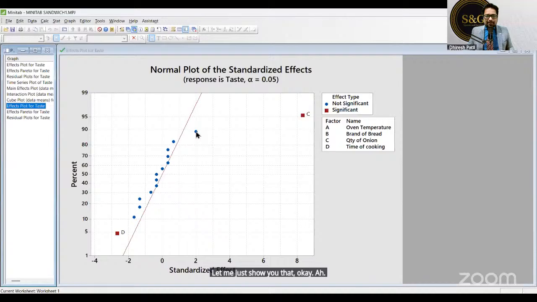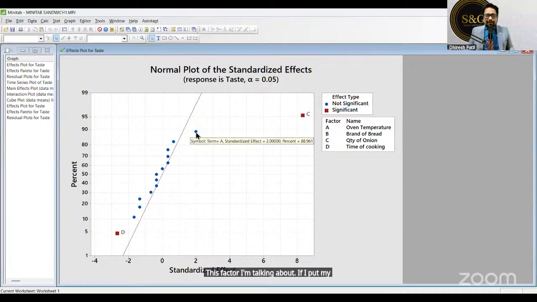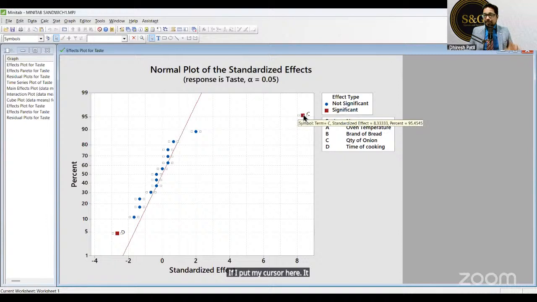Can you see here? This factor I'm talking about. If I put my cursor, can you see term A here? If I put my cursor here, it shows term C, which is factor C. If I put my cursor here, it shows term D. Let's see which factor.